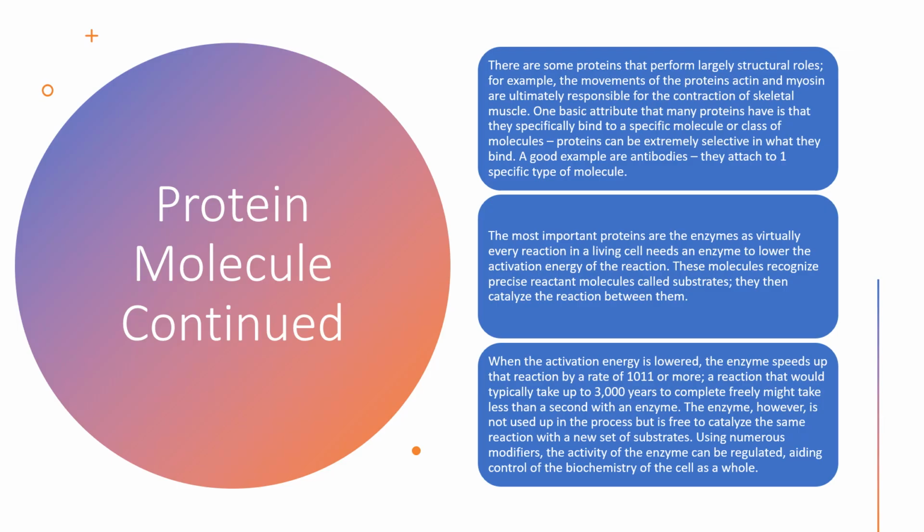When the activation energy is lowered, the enzyme speeds up that reaction by a rate of 10^11 or more. A reaction that would typically take up to 3,000 years to complete freely might take less than a second with an enzyme.